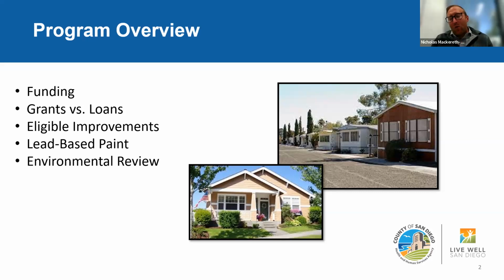First of all, we offer $20,000 grants that are offered to eligible mobile homeowners. Eligible mobile homeowners for us mean that they are set up on non-permanent piers. They may be located in either mobile home parks or on private property.